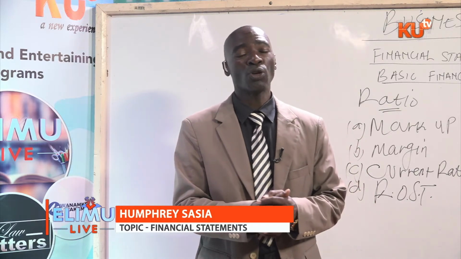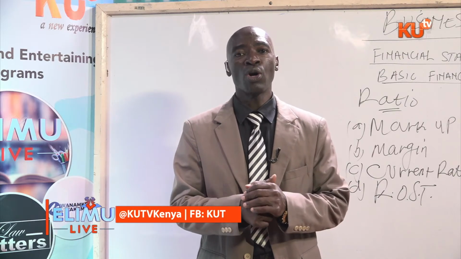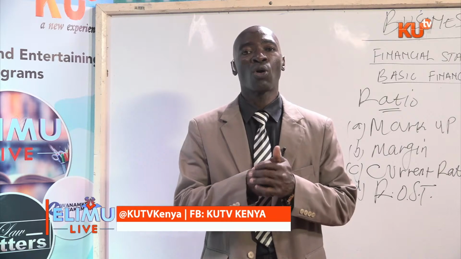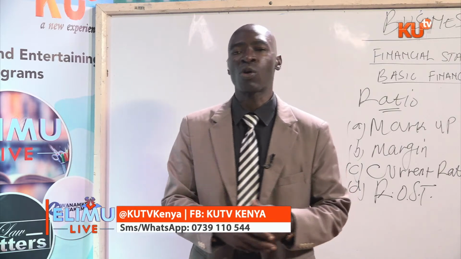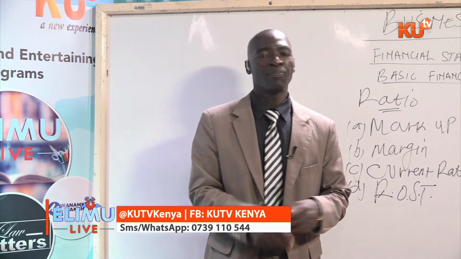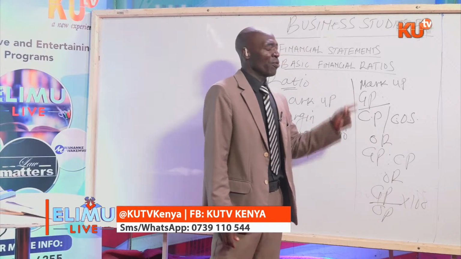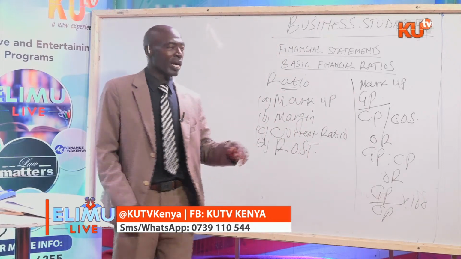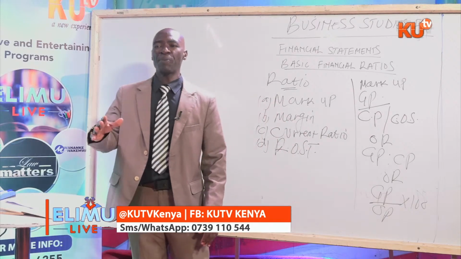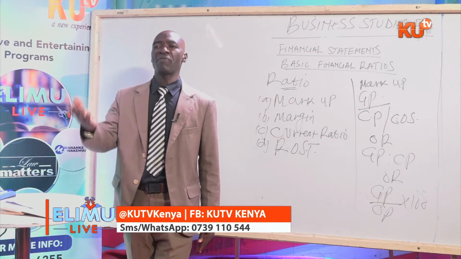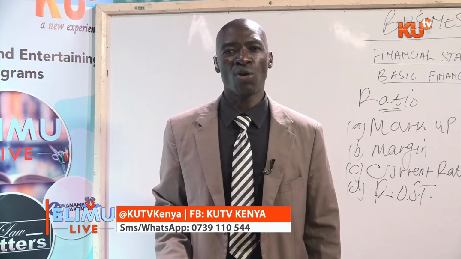That amount of money is what we call CP, cost price, or cost of sales, or cost of goods sold. So how do you find markup? You can calculate it as a fraction, that is GP divided by CP or COS.